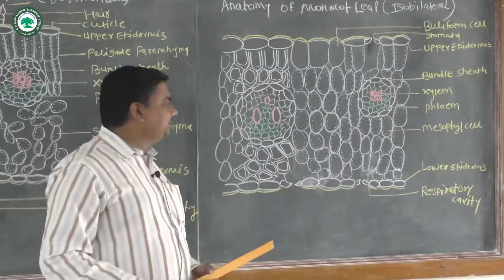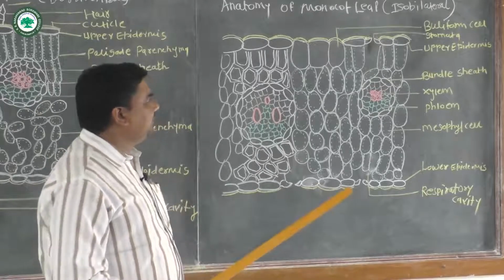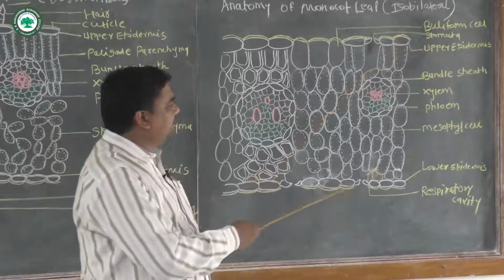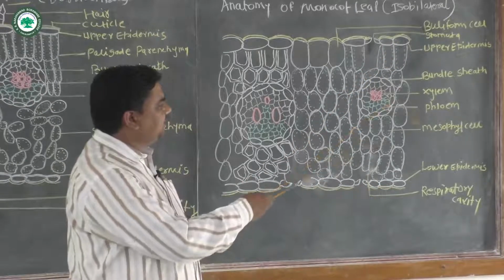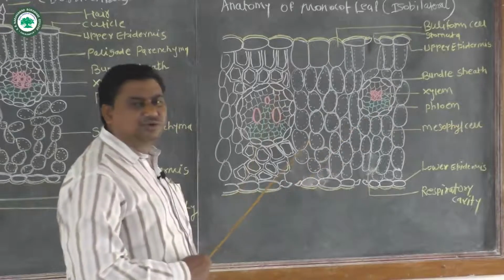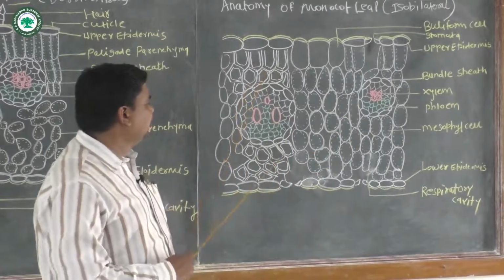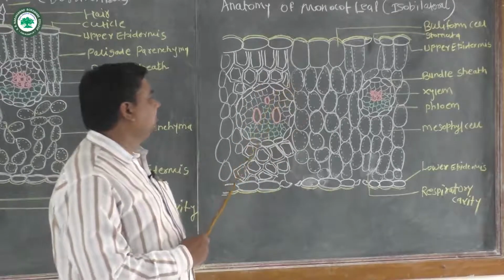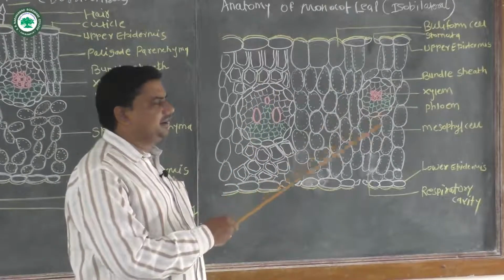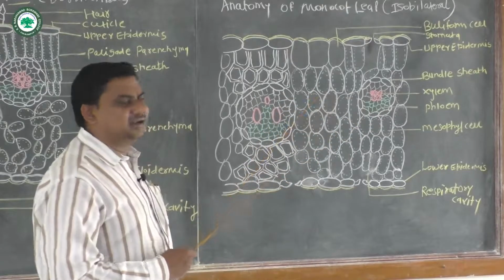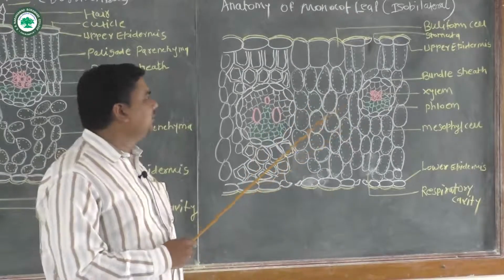In case of the monocot leaf, the leaf is divided into upper and lower epidermis, and all these are the mesophyll cells. Here there is again a large vascular bundle, and different small vascular bundles are scattered in the mesophyll region.